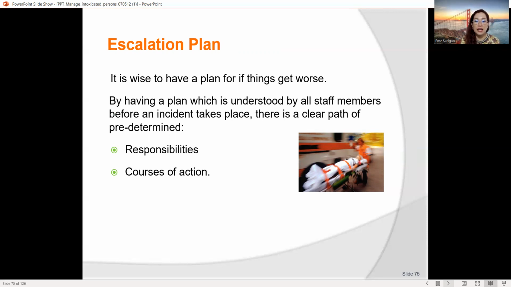By having a plan which is understood by all staff members before an accident takes place, there is a clear path of predetermined responsibilities and courses of action, which is very important. So there should be a plan for times of emergency. Because anything may happen, it is your responsibility because they are in your premises.